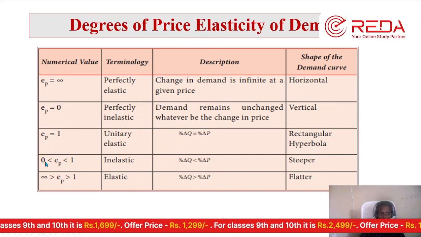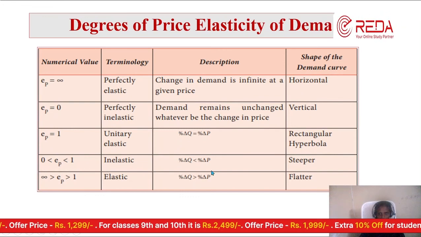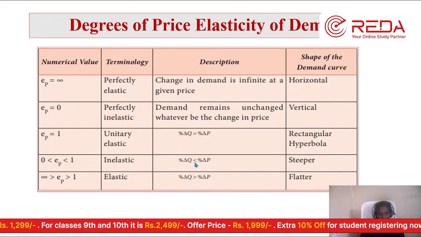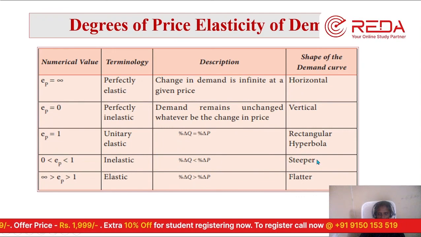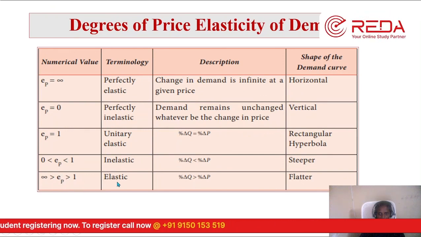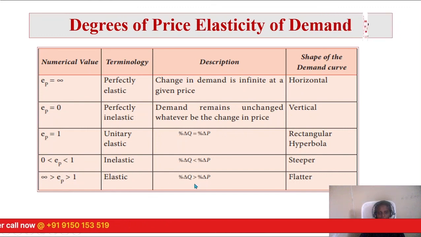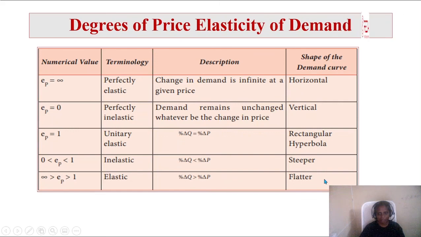Next, when the elasticity of demand is lesser than 1, that is inelastic, the percentage change in quantity demanded will be lesser than the percentage change in the price, and the demand curve will be a steeper one. Finally, when the price elasticity of demand is greater than 1, it is elastic. Here the quantity demanded changes by a greater proportion when there is a change in the price level of the commodity, and the demand curve will be a flatter one.